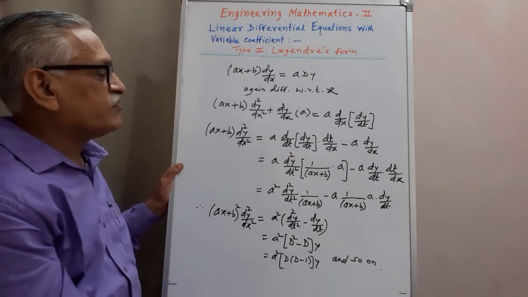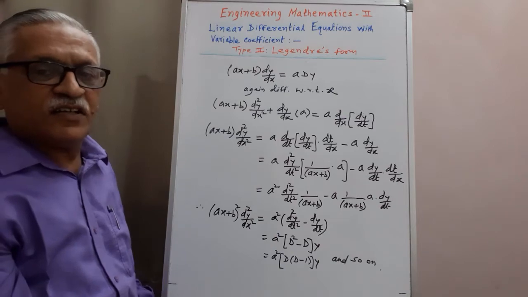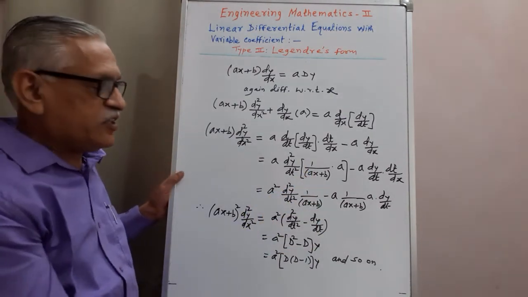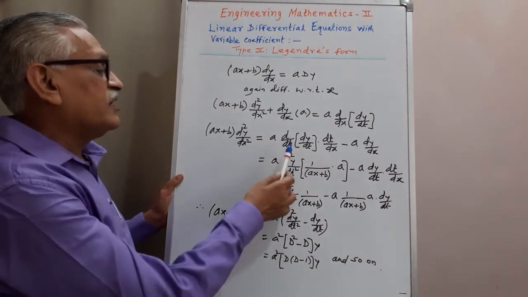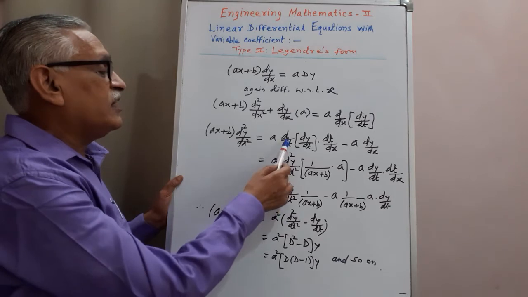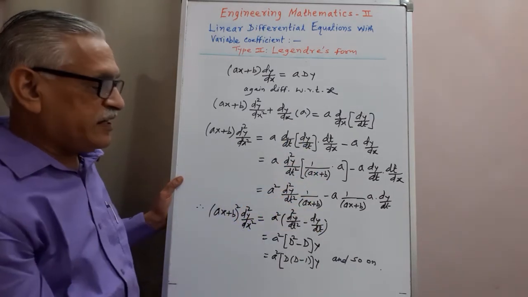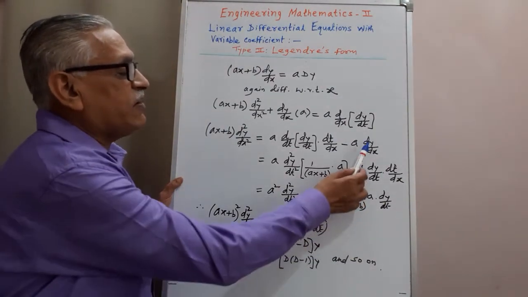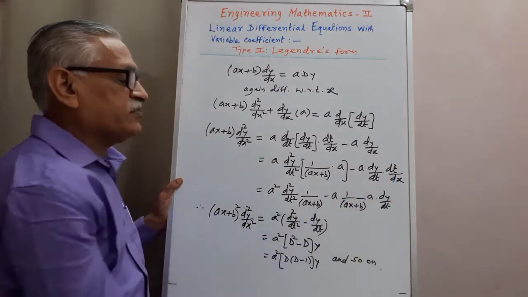Then it equals, finding the value of dt/dx, differentiating that log term, the derivative is 1 upon ax+b by the chain rule. The derivative of ax+b is a, and therefore it becomes a d2y/dt^2 multiplied by this a divided by ax+b, minus a dy/dx, which again we rewrite as dy/dt into dt/dx.